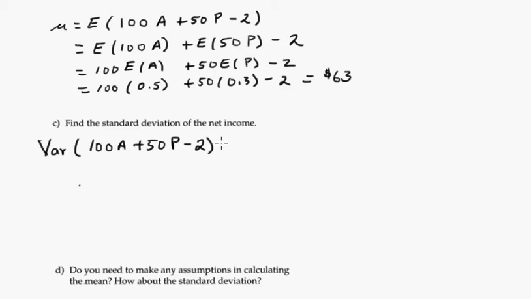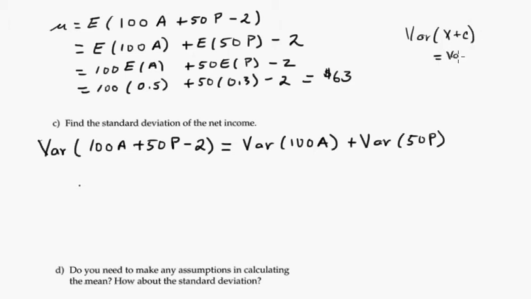Now that's going to be equal to the variance of 100A plus the variance of 50P, and this minus 2 goes away. We have a formula for this: the variance of X plus c is just equal to the variance of X. In other words, even though we're shifting things by this operation, it doesn't change the variability.